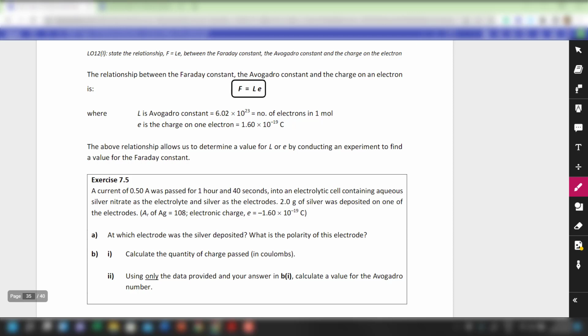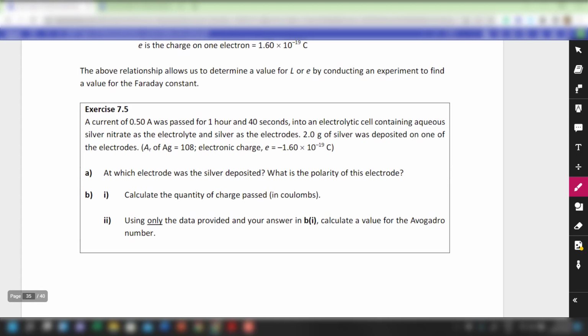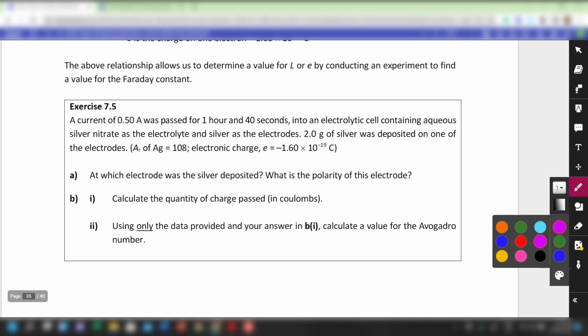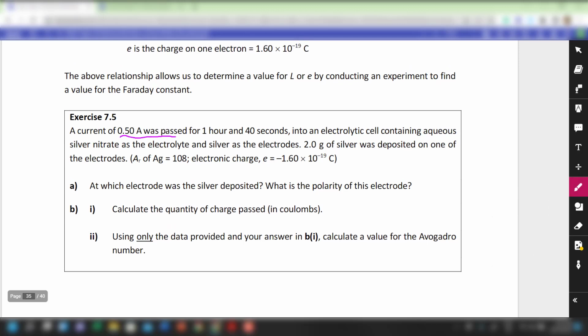That will bring us to exercise 7.5, where we were told that a current of 0.5 amperes was passed for 1 hour 40 seconds. From here you can easily determine the quantity of charge transferred. Q is equal to I t.